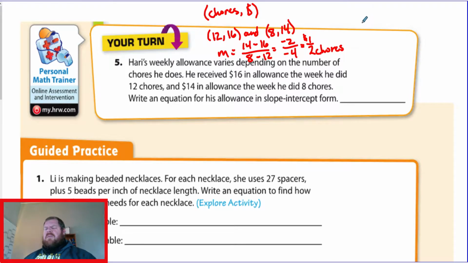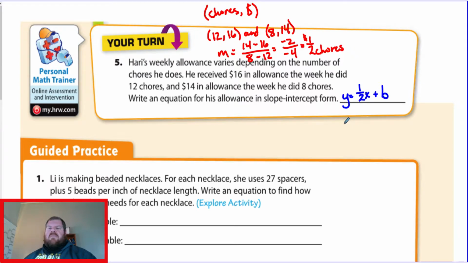But now I have to find my y-intercept because they don't give that to me. I know that my equation is going to look like something like y equals 1/2 x plus or minus something, right? And whatever my y-intercept is, for now I'm just going to say that it's plus b. But I'm going to replace that here in a second. So I'm going to pick a point and plug it into this equation.